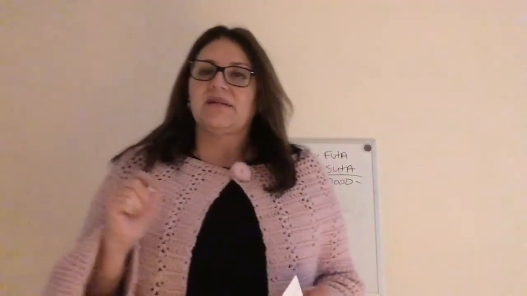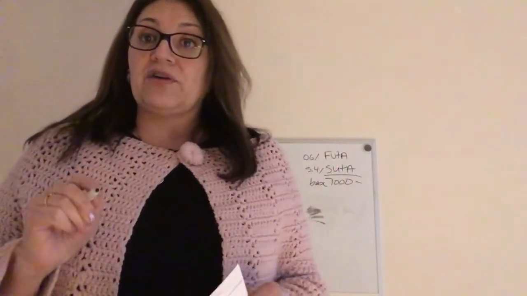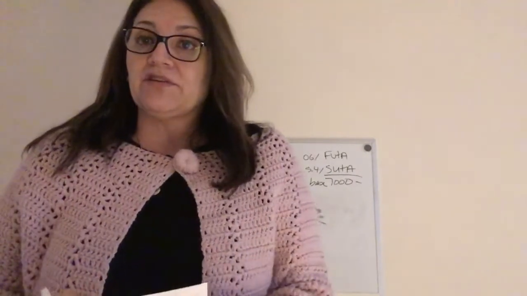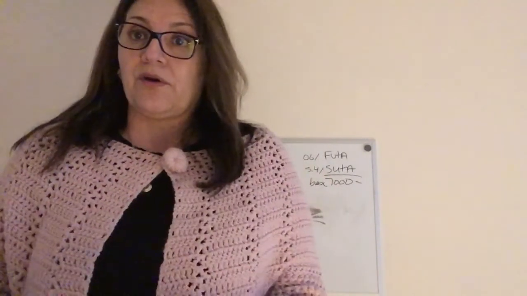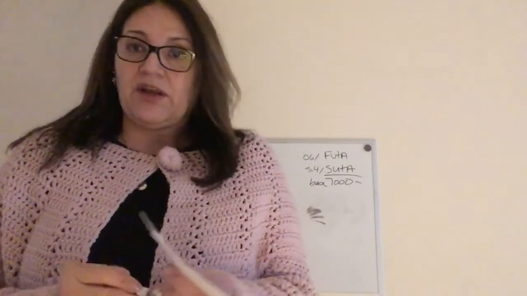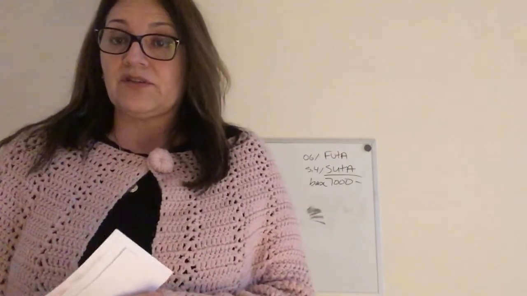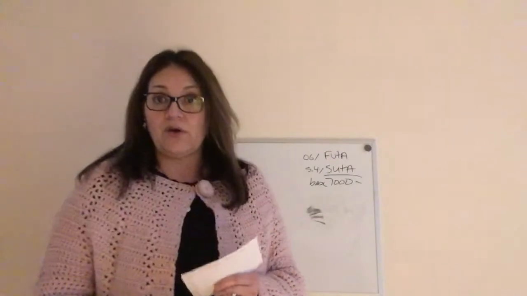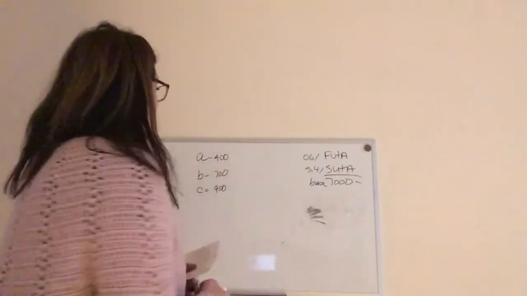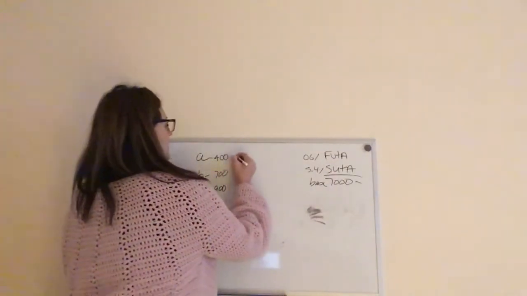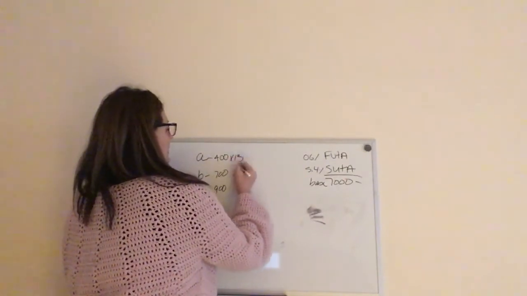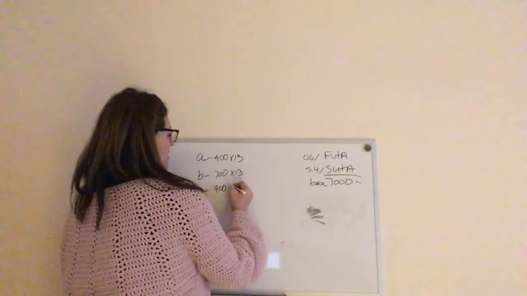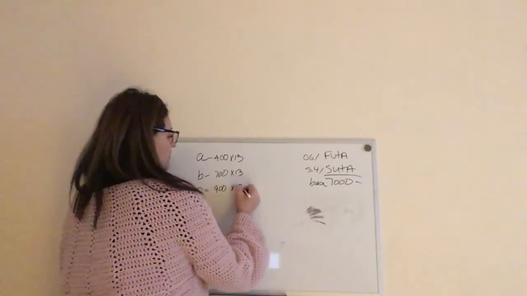What we do next is multiply by 13. Why 13? Because there are 13 weeks in a quarter, and every quarter we must turn in our taxes to these 2 agencies, the federal and the state. So we're going to multiply 400 times 13, 700 times 13, and $900 times 13.